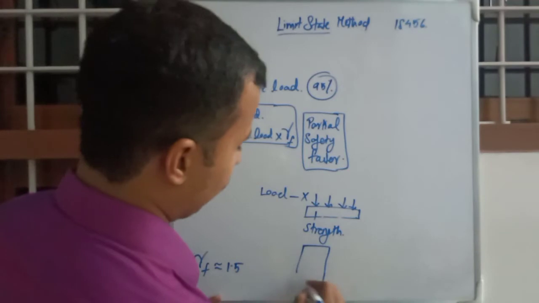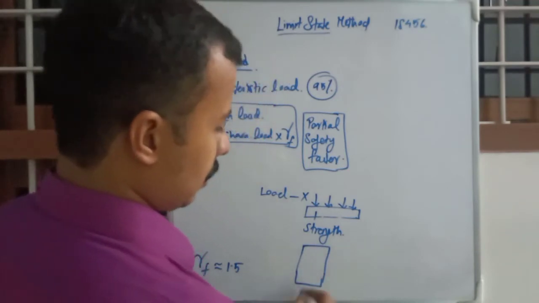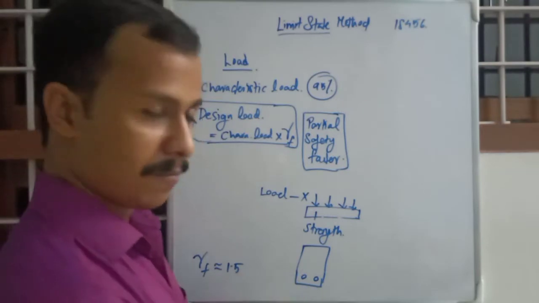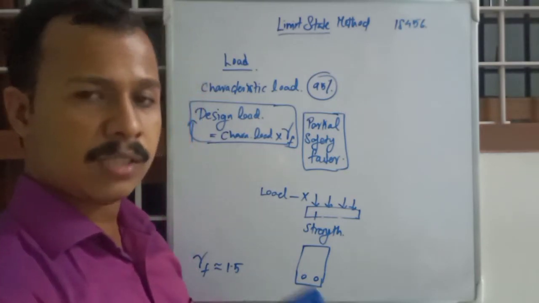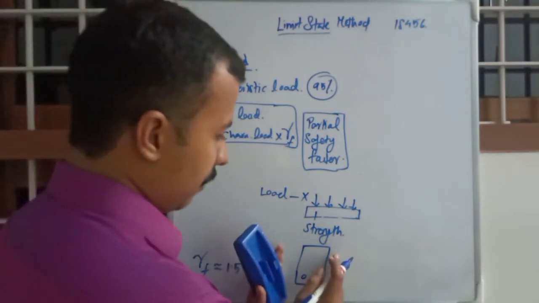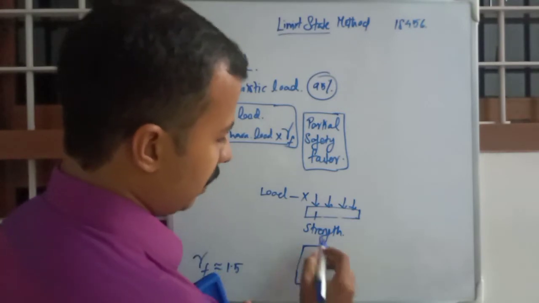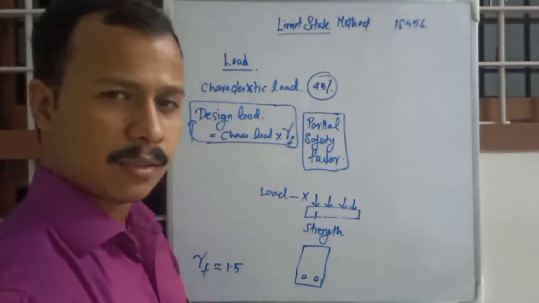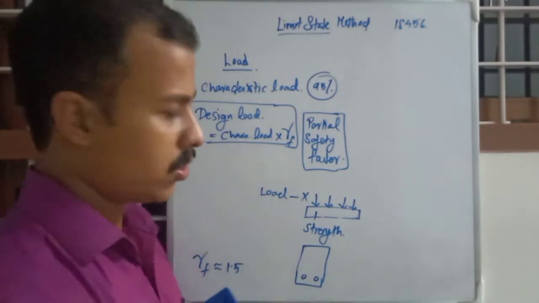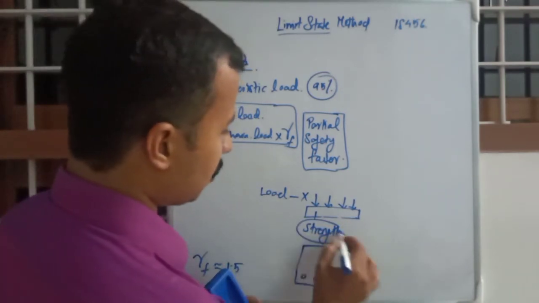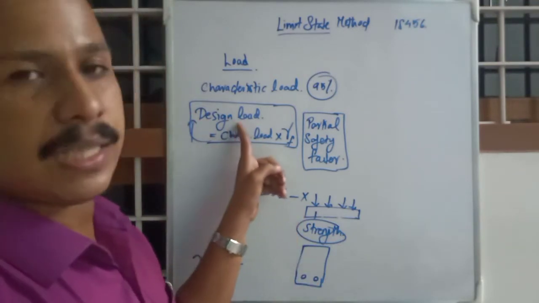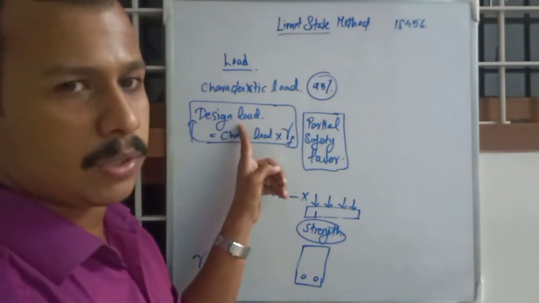We want to know how much reinforcement is here. All those things we need to know, so that you have the strength to resist this much design load. I hope it's clear.